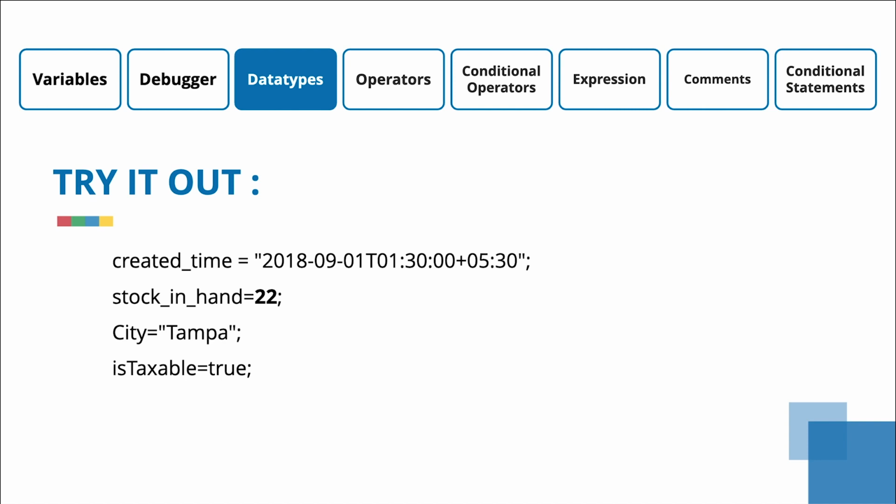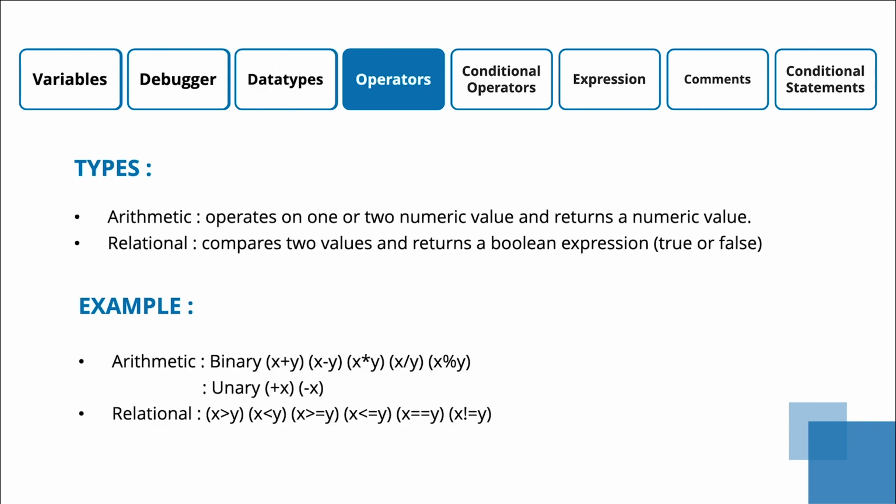Next up, operators. Now, there are many types of operators. Let's see the common ones. We have the arithmetic, the relational, and the conditional operators. Arithmetic basically lets you operate on one or two numeric values and returns yet another numeric value. For example, we have binary and unary arithmetic operators. The binary means it uses two values and computes the value to yet another one, like x plus y equals z, or x minus y equals z.